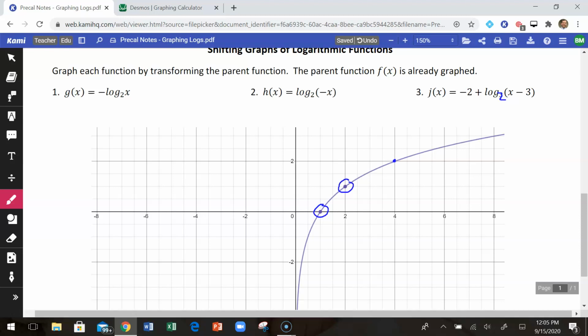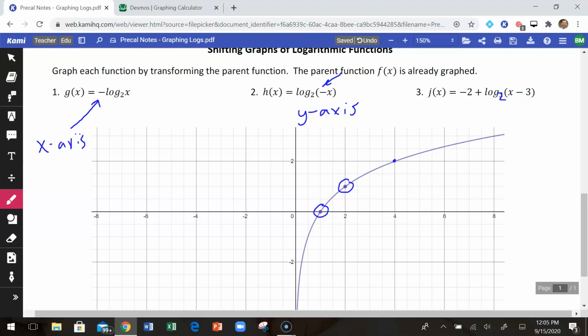So I want to graph these other functions that are just transformations of that. If you just think about what the transformations are, it's often easy to start with the parent function and then apply the transformation. So that negative out front for number 1, that is a reflection over the x-axis. The negative on the inside is a y-axis reflection.